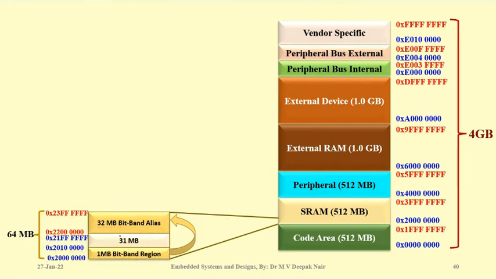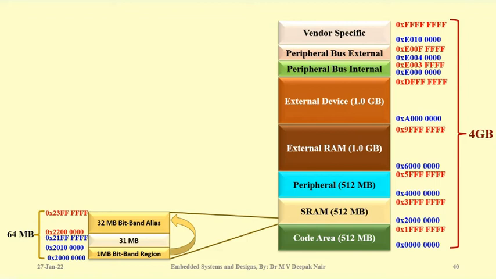Therefore, 1 MB of this region is mapped to 32 MB of this region. So each bit from this region is mapped to a 32-bit register here. We will see this in detail also, don't worry.